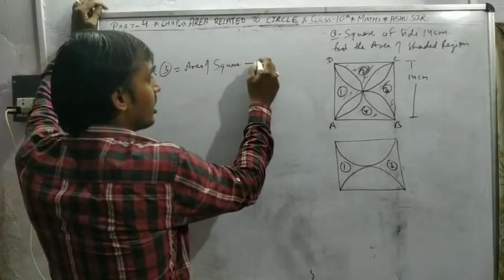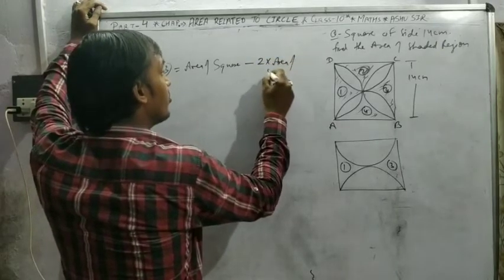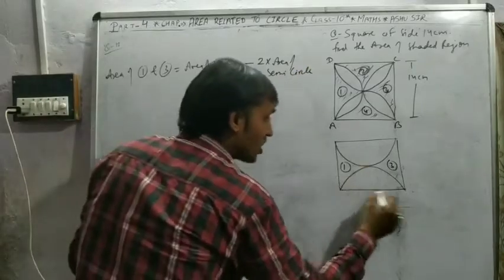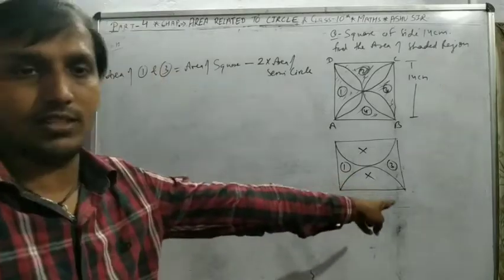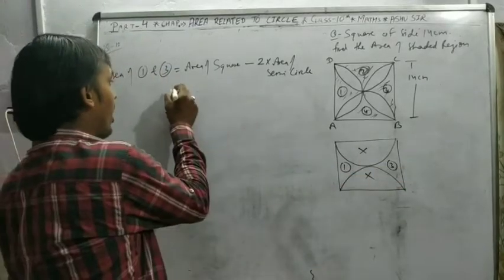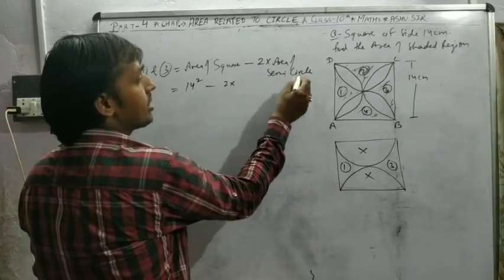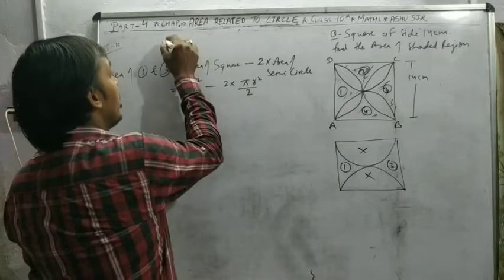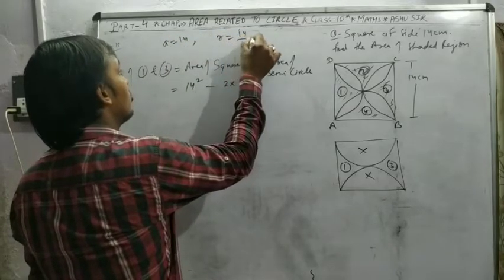square minus 2 into area of semicircle. From this square, if you subtract these two semicircles, you get the area of 1 and 3 part. So square is 14 square. Semicircle is pi r square by 2. Side is 14, so radius is 14 by 2.